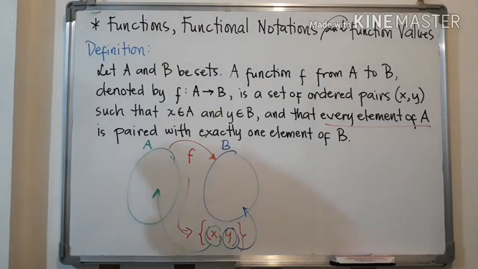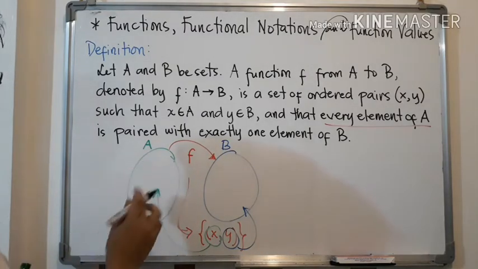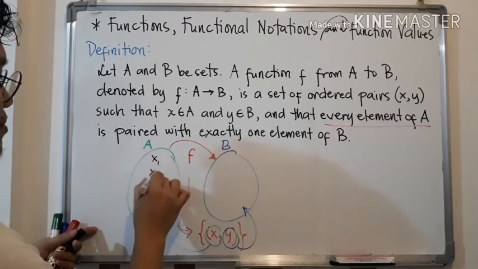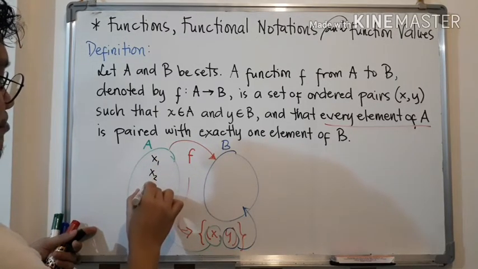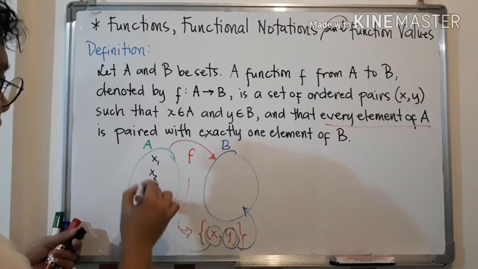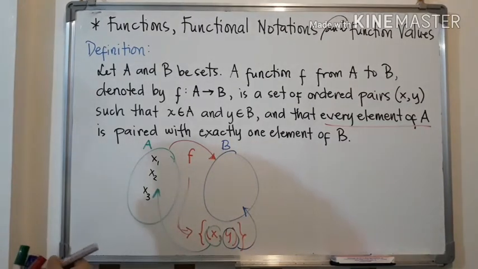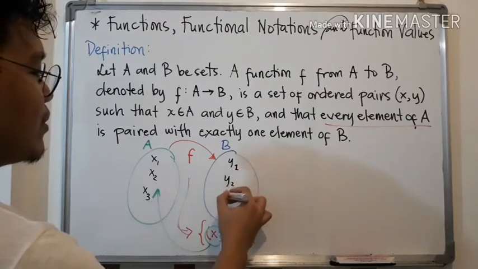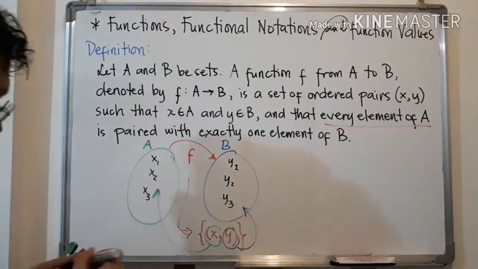So say for example, we have these elements of A, say x sub 1, x sub 2, say x sub 3, and then on set B, say we have y sub 1, y sub 2, y sub 3.